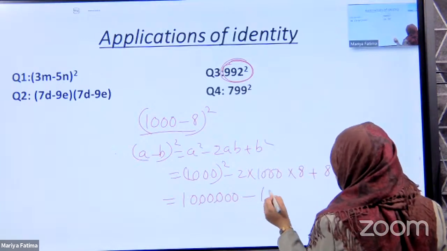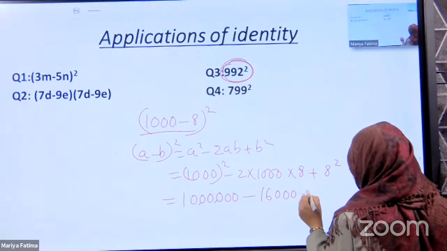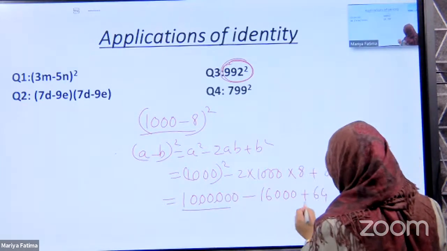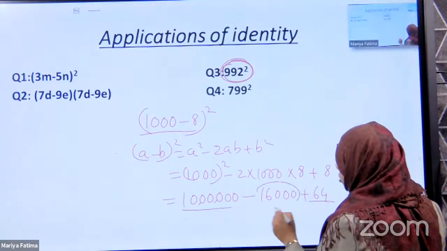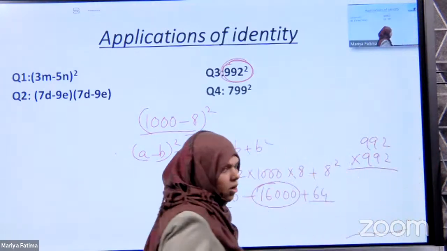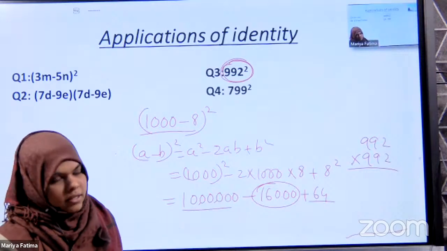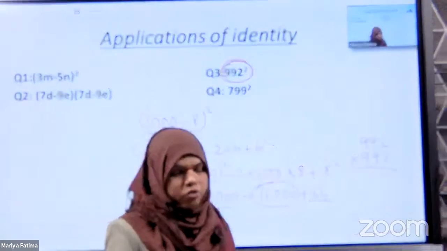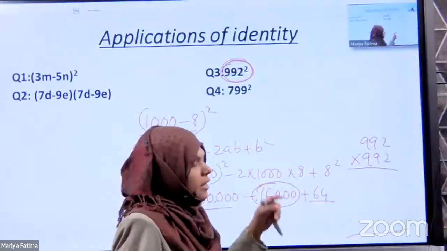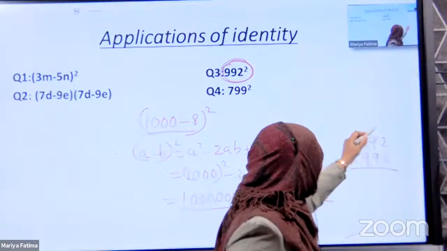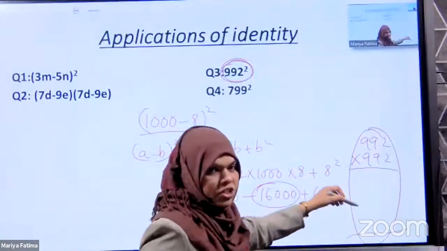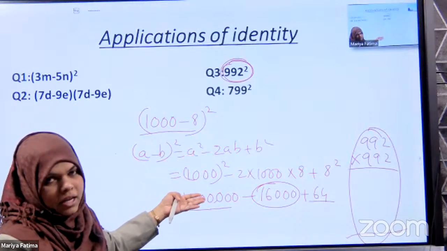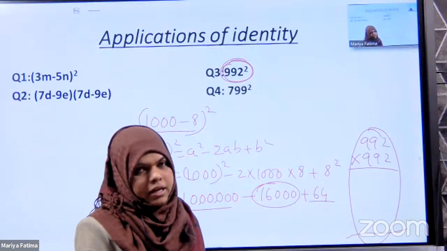Now 8 2s are 16,000 plus 8 8s are 64. Now you have to add these two, and whatever answer you get, you have to subtract 16,000 from that, you will get the answer. So you will get the square of 992. Instead of doing this much long multiplication, directly we can use the identity, and with the help of the identity, you can find the answer quickly.